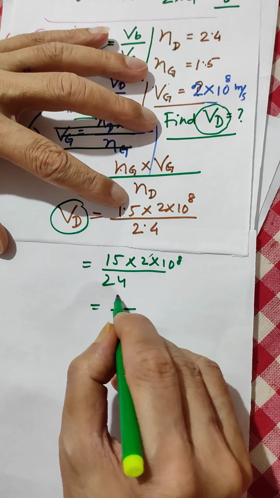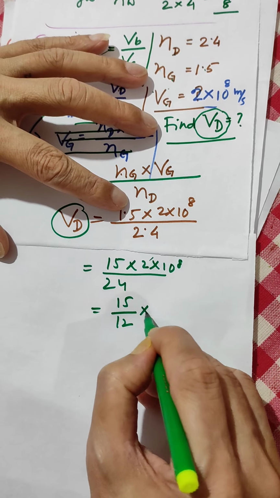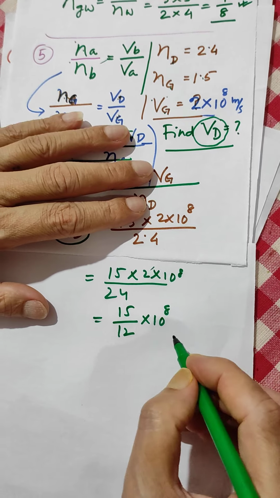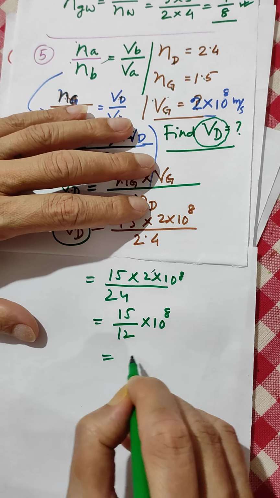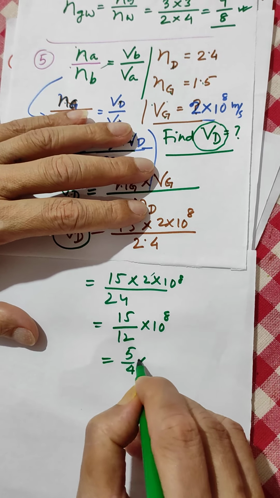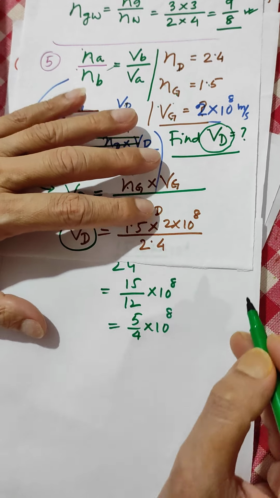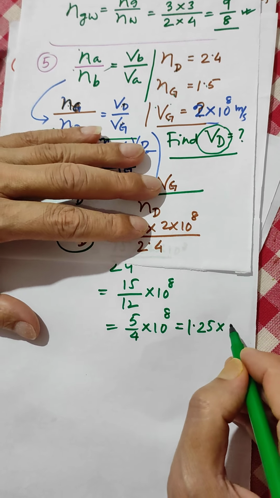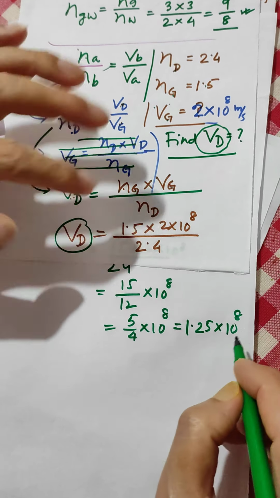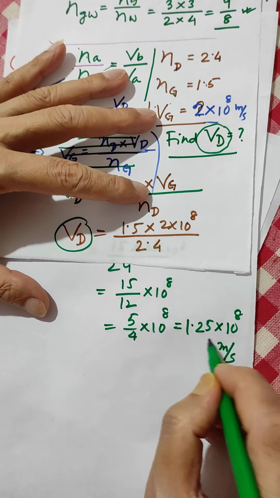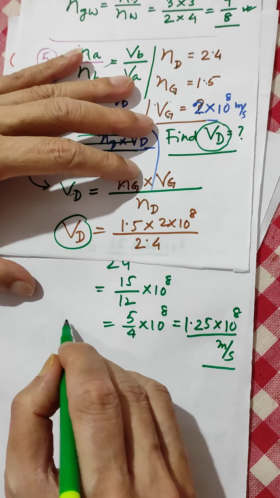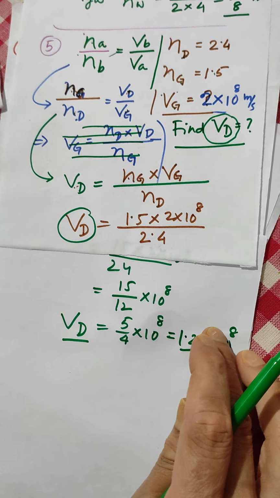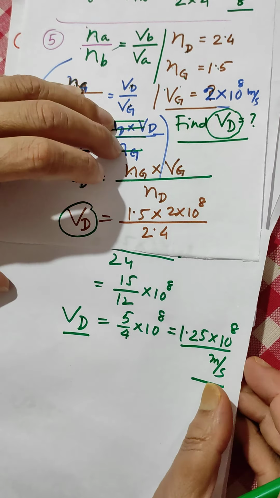So finally you get 15 by 12 into 10 to the power 8. So 15 by 12, you can simplify, that will be finally 5 by 4 into 10 to the power 8, and that is equal to what? 1.25 into 10 to the power 8 meter per second. So this is the answer. So this is velocity of light in diamond. So velocity of light in diamond is 1.25 into 10 to the power 8 meter per second.